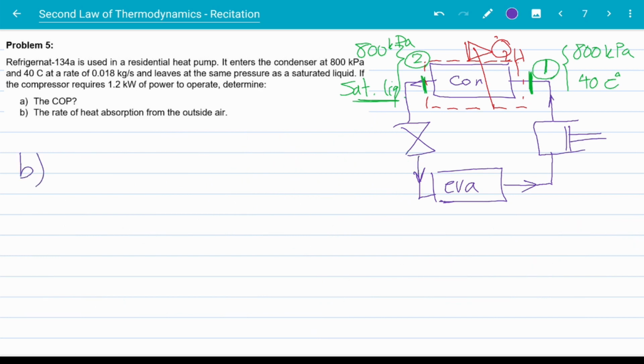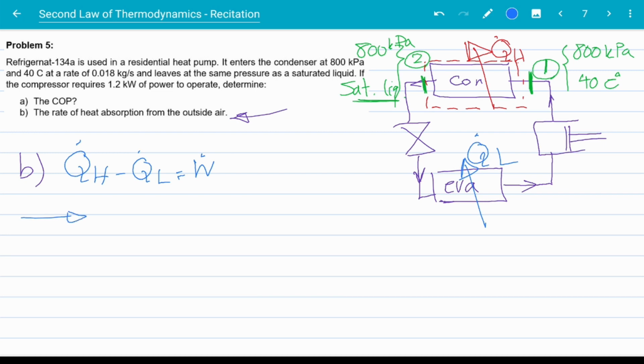Now for part B, we are looking for the heat absorption from the outside air. That is Q dot L here, happening on the evaporator. So from the first law analysis, we know that for a cycle, Q dot H minus Q dot L is equal to the W dot.